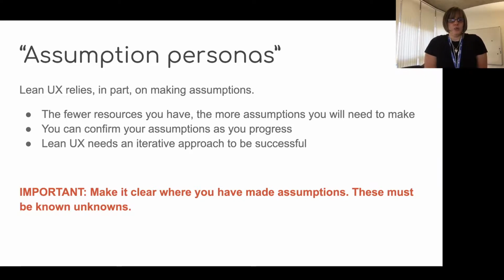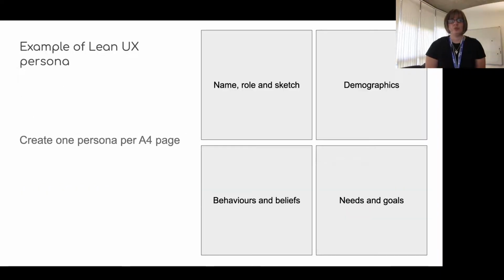Those known unknowns, those assumptions that you've made, need to be clearly articulated, and they need to be clearly recorded, because otherwise an assumption becomes a truth. You've always got to have that list of things you assumed and continually verify whether or not those are correct assumptions. Do they still hold true?